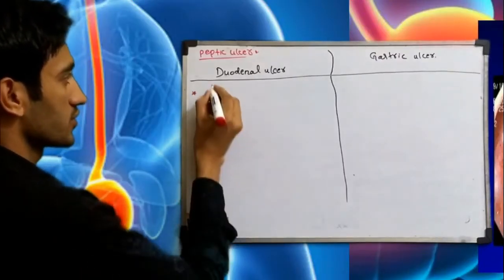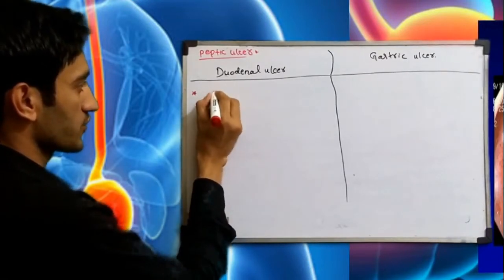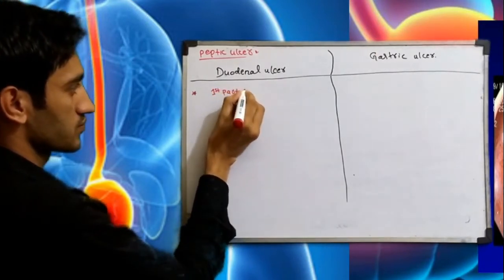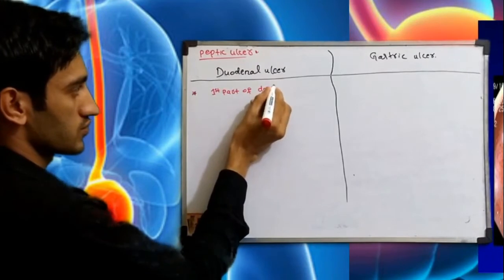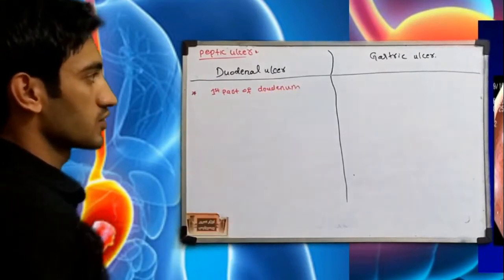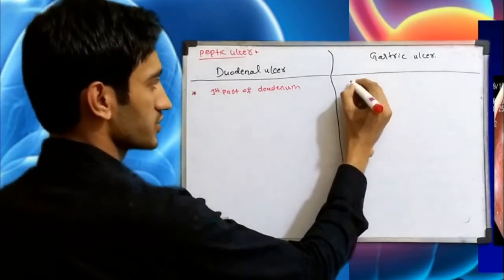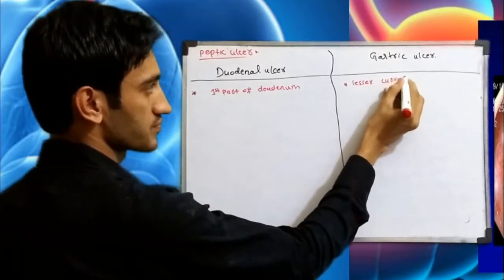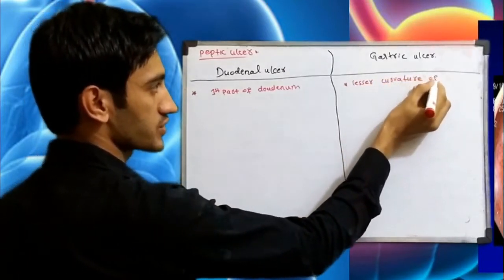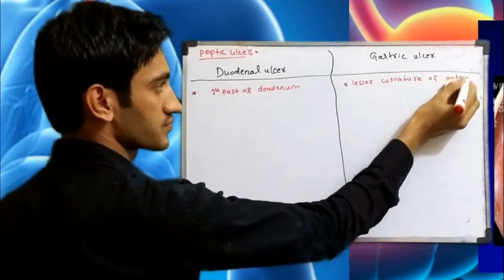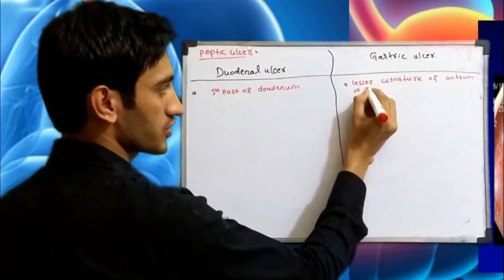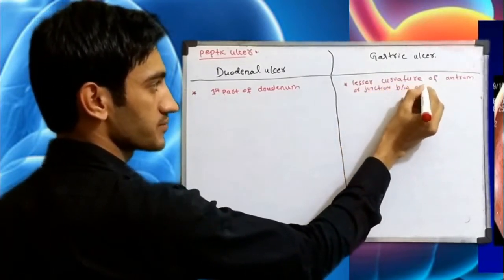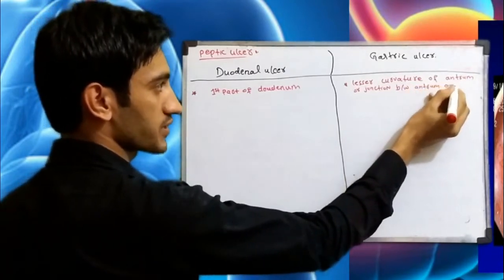First of all, the duodenal ulcer occurs in the first part of the duodenum, while gastric ulcer occurs in the lesser curvature of the antrum or junction between antrum and body of the stomach.